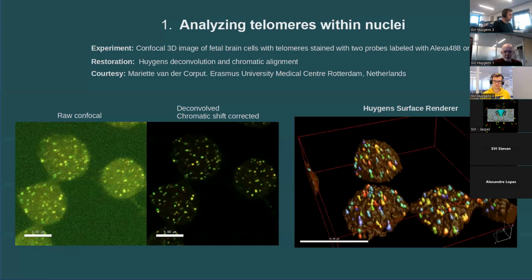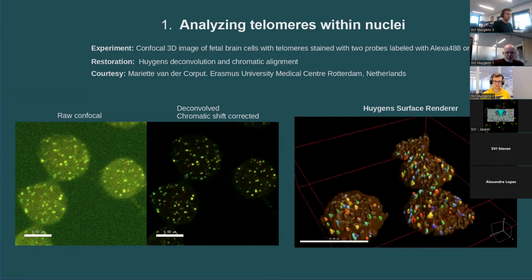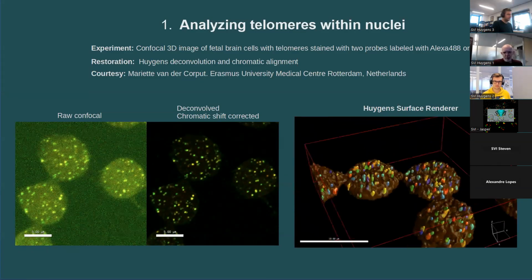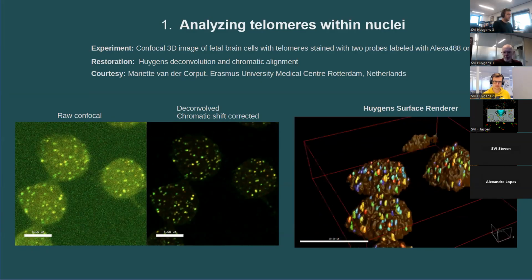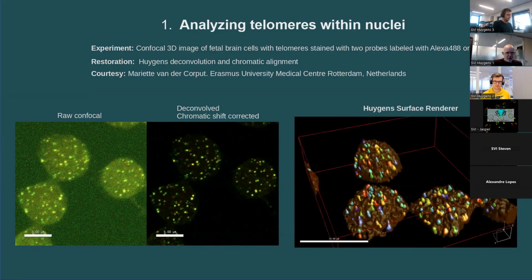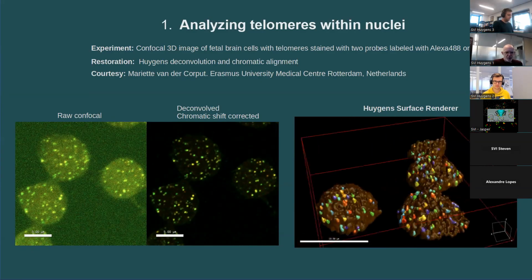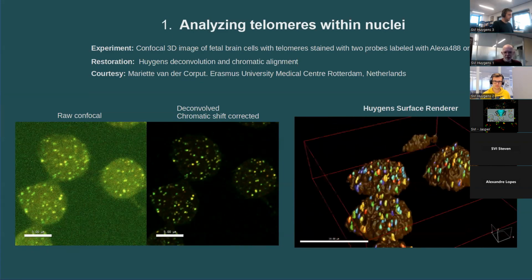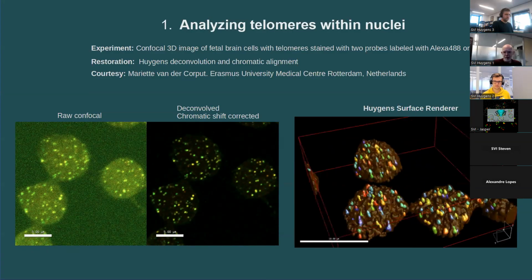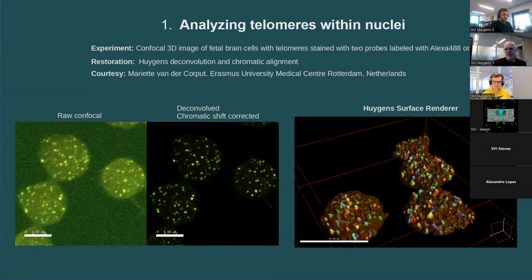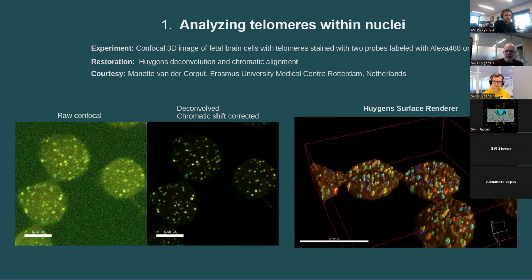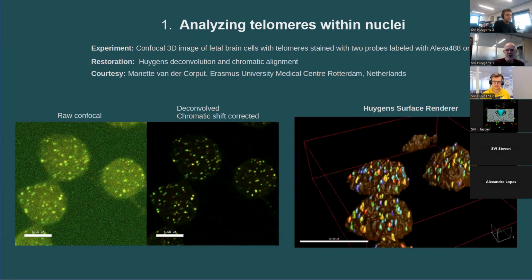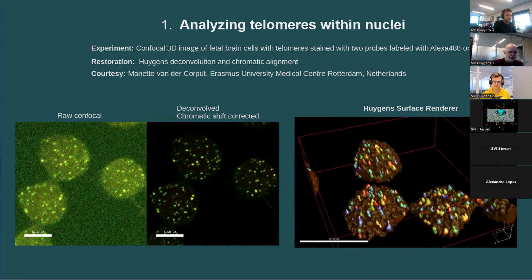Now, we have three use cases to present. First one that I will present is about analyzing telomeres within nuclei. So the experiment is confocal data, 3D, of fetal brain cells with telomeres stained with 2 probes, either labeled for Alexa 488 or with Alexa 594.